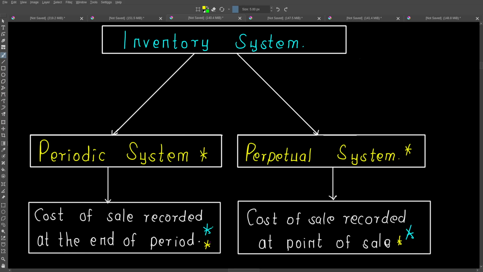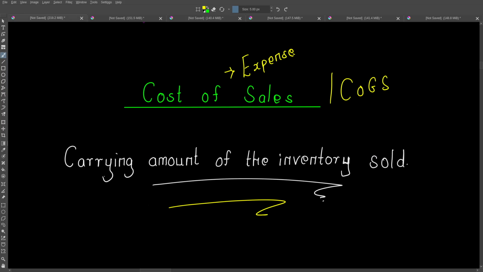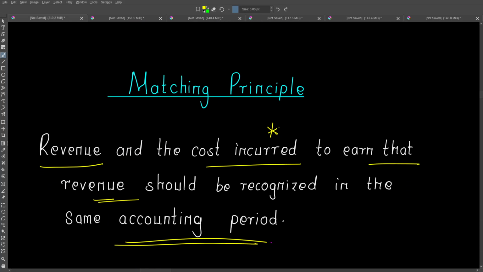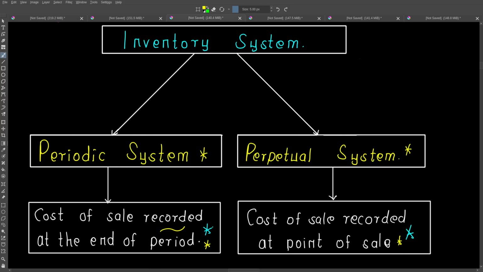Remember, we recognize it at the point that we generated that revenue, but we can record it at the end of the accounting period, as long as it matches the matching principle, which requires them to be in the same accounting period. So it is a matter of the time when we record.